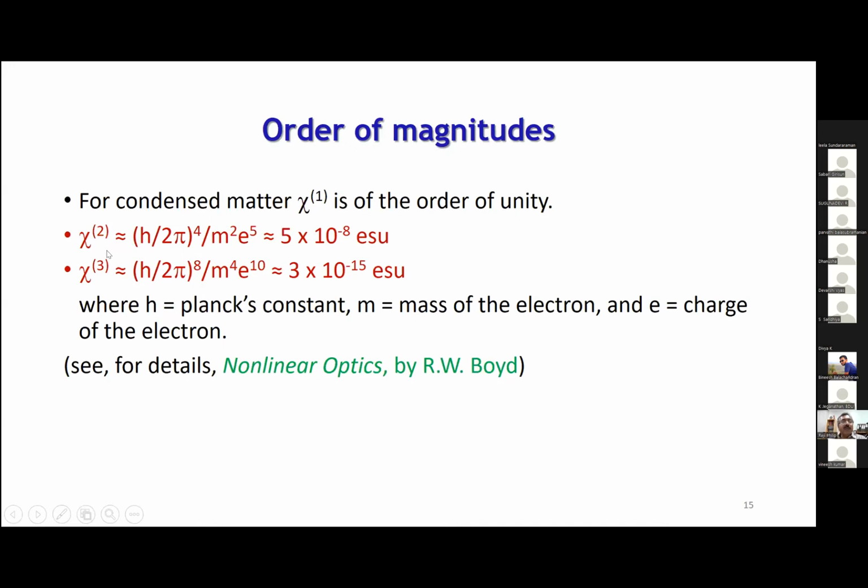However, chi2 is much smaller than that, 5 into 10 to the power minus 8 ESU, and chi3 is even much smaller, 3 into 10 to the power minus 15 ESU. These are from some very basic calculations where h is the Planck's constant, m is the mass of the electron, and e is the charge of the electron.